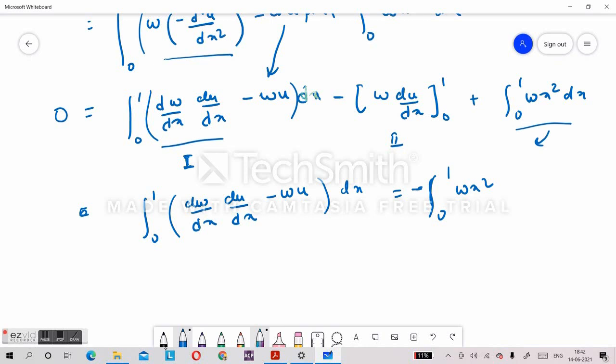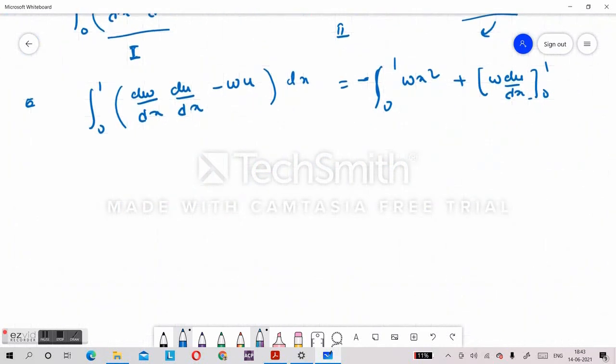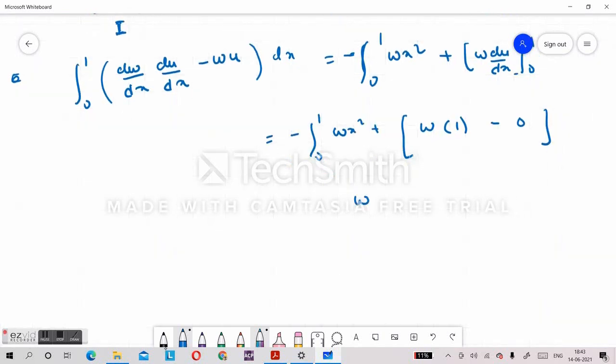We send this term to the RHS, and then this term becomes plus. Solving this term: minus 0 w x square plus. The upper limit here is 1 and the lower limit is 0.